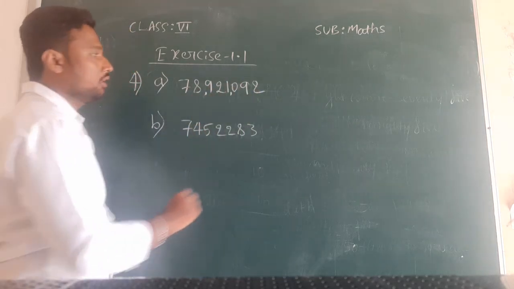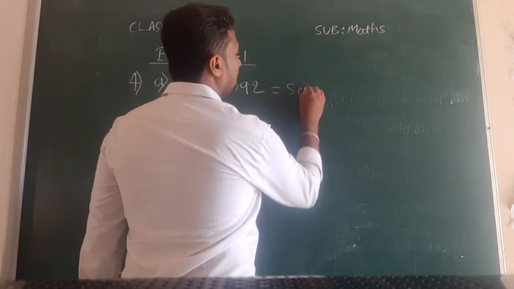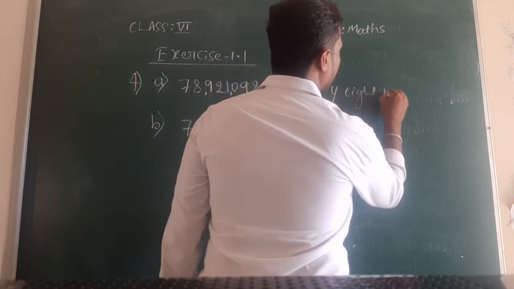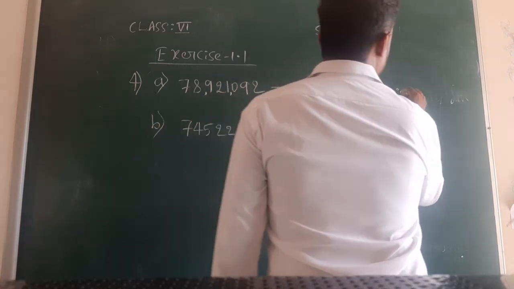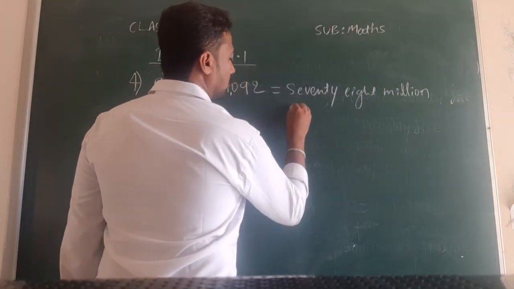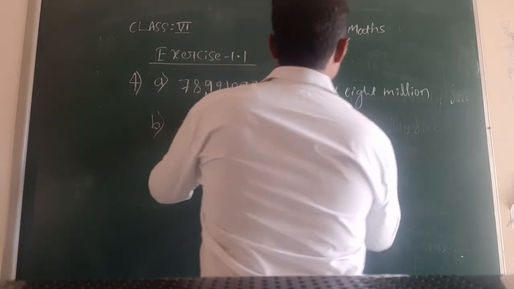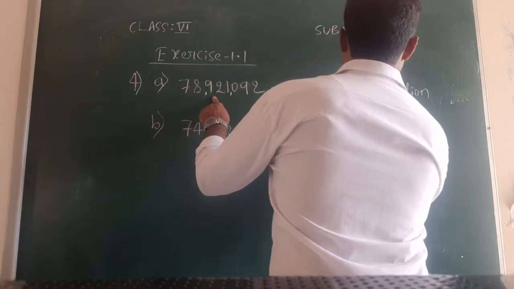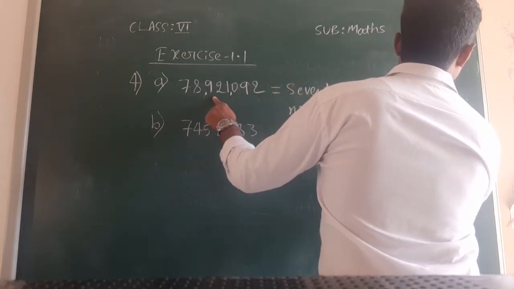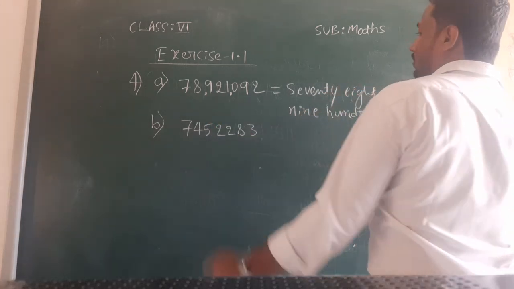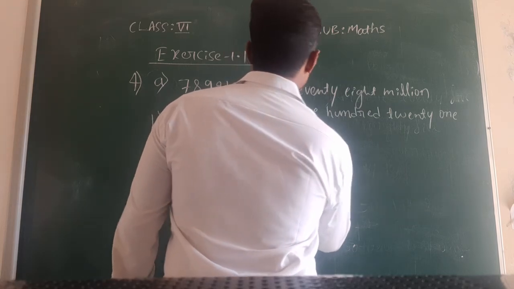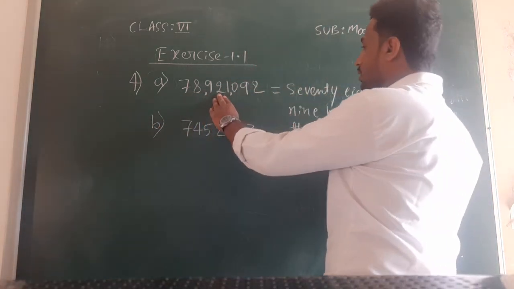You can read 78 directly, you just have to read the extra word, that is million. 78,921,092. Okay, so I will write this: 78 million 921,000, because these second numbers indicate the thousands position.